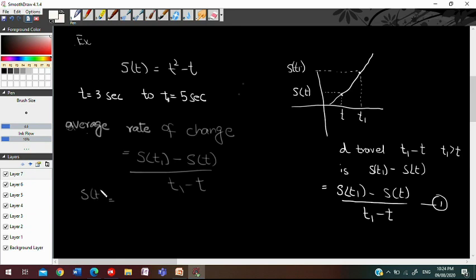Since s of t is equal to t square minus t, when t is equal to 3 seconds, s of t is equal to 3 square minus 3, 9 minus 3 is 6.